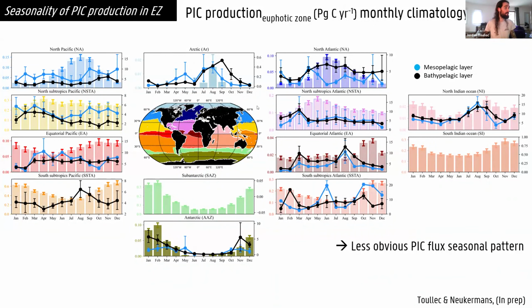We see that we have a pretty nice coverage with all of these dots. But for example, in the South Indian Ocean and the Subantarctic, we don't have data. Sometimes we also have just one data point. So this is not really representative of the system because we have a lot of holes, and of course we have a latitudinal variation and range of PIC flux. This is why I decided to aggregate them into different regions.